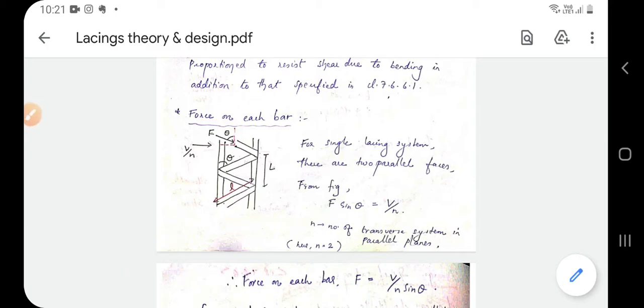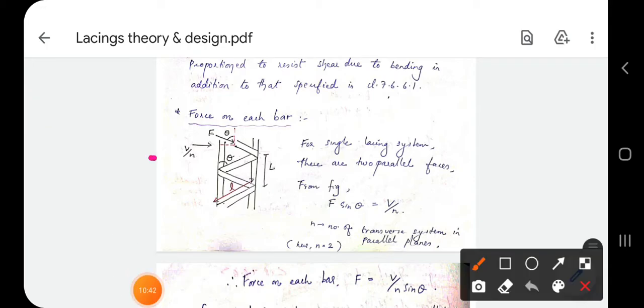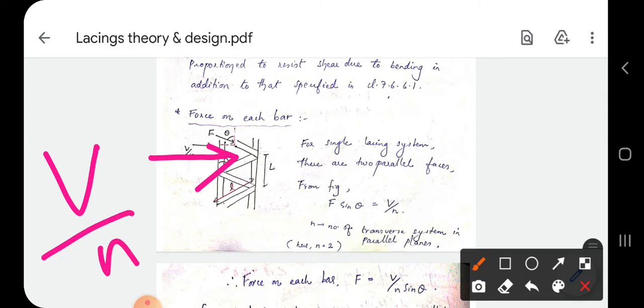So the transverse shear acting in that bar is V by N, where in that particular plane, suppose there are N number of lacings in a single laced system.